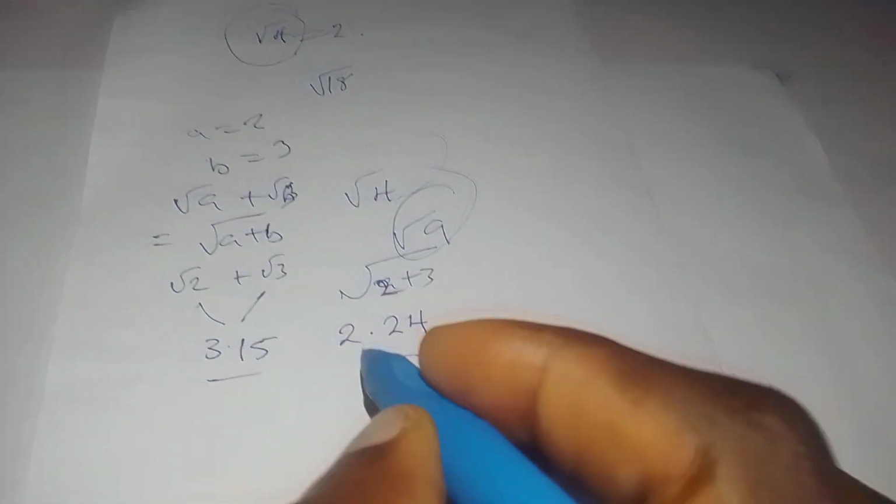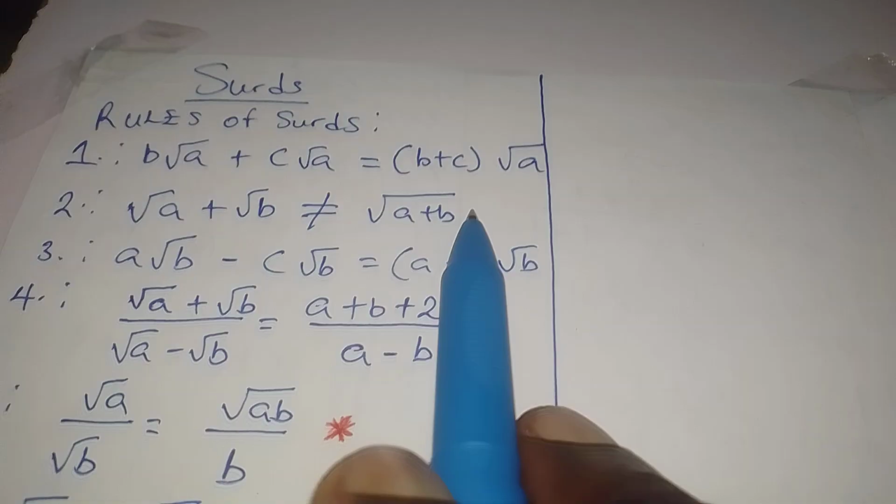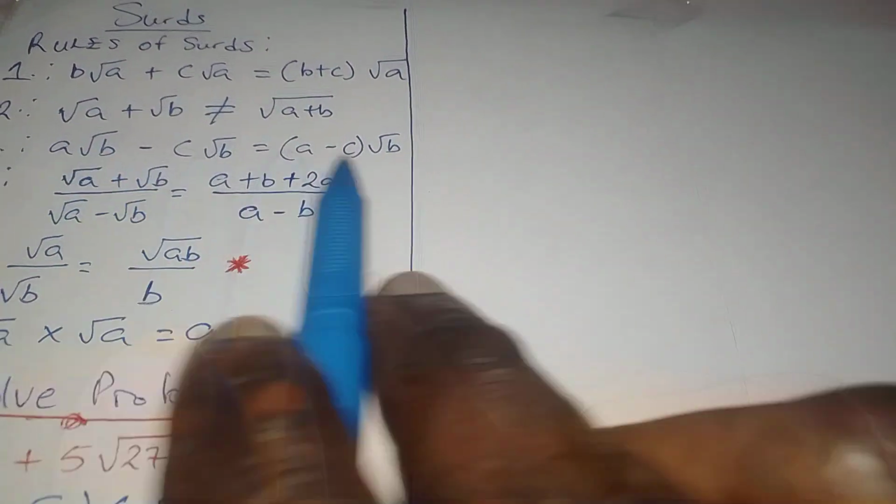You can see that those two values are different. That's why the square root of a plus the square root of b is not equal to the square root of a plus b.